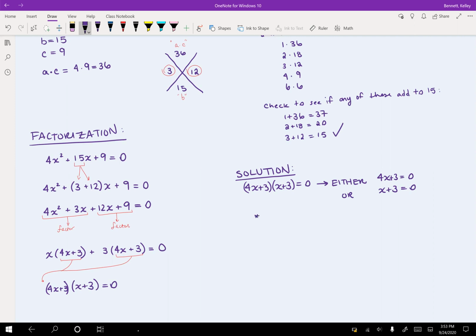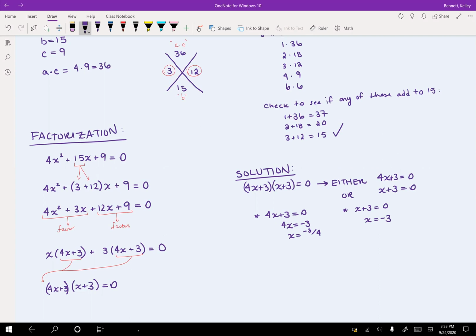So let's see if we can figure out an x that will satisfy. We've got 4x plus 3 equals 0. I'm going to solve this for x. So that gives me 4x equals negative 3 and x equals negative 3 over 4. Or I could also have x plus 3 equals 0, which just gives me x equals negative 3.